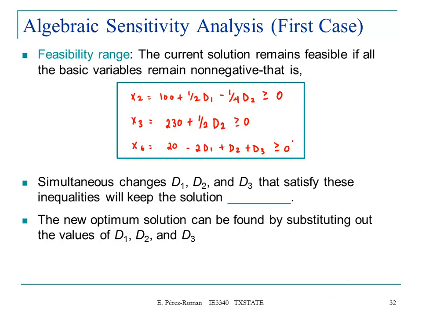Simultaneous changes d1, d2, and d3 that satisfy these inequalities will keep the solution feasible.